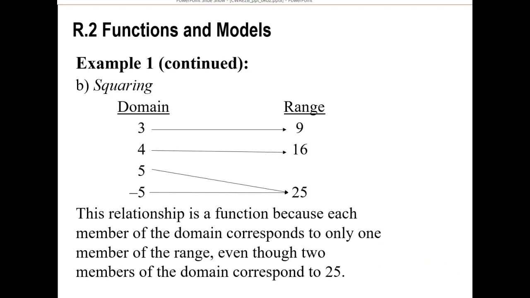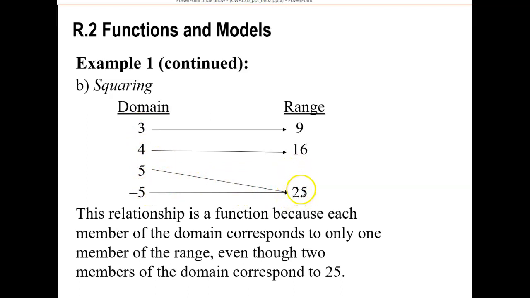This also is a function because each member of the domain corresponds to only one member of the range, even though you have 2 separate members of the domain corresponding to the same value. The definition says each of these numbers goes to exactly one number, which it does.